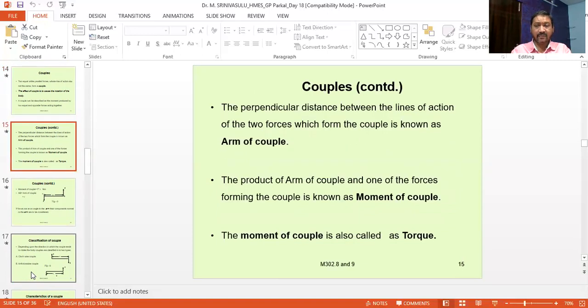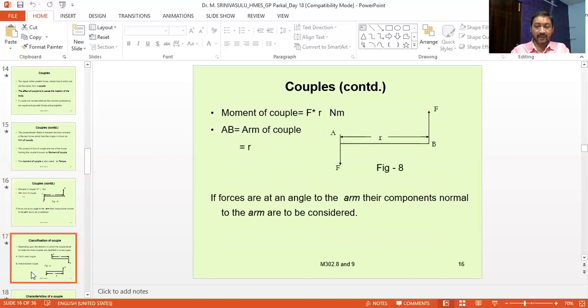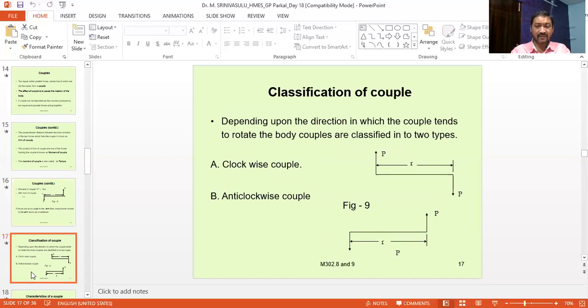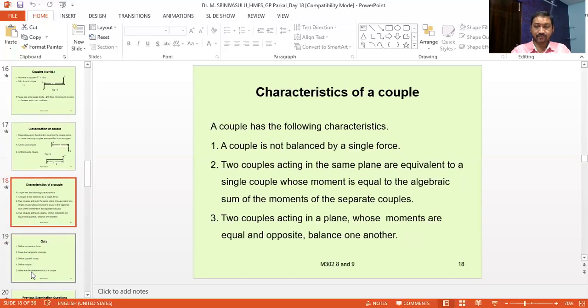And the main effect of the couple is to produce a turning moment in the body. And a couple may be clockwise or anti-clockwise. And a couple cannot be balanced by a single force.